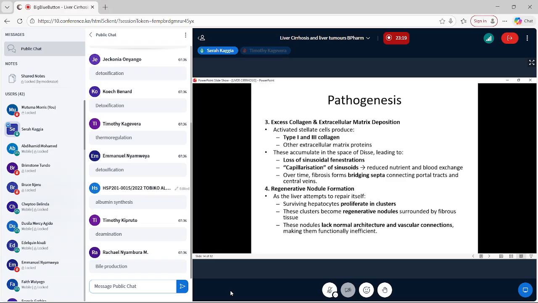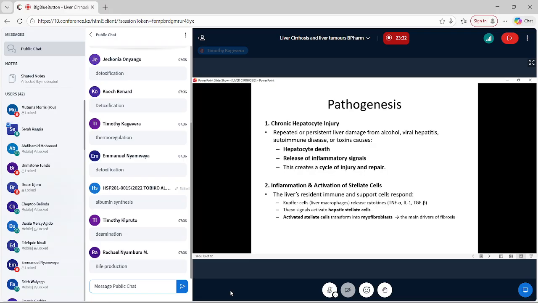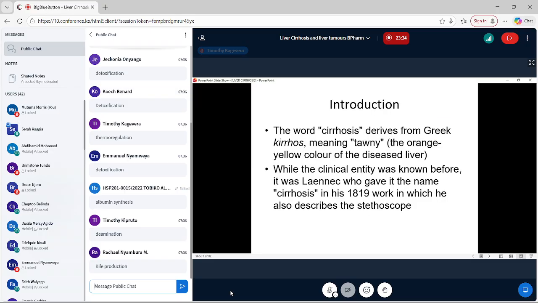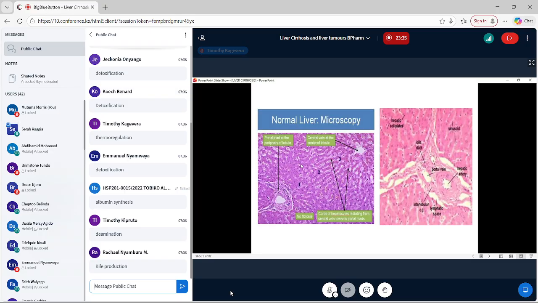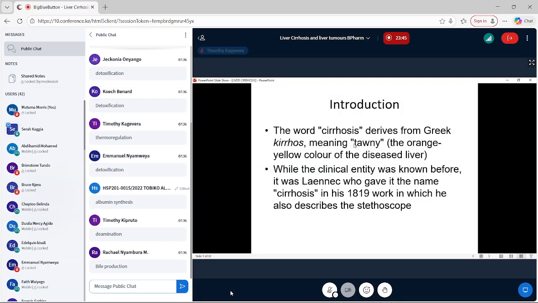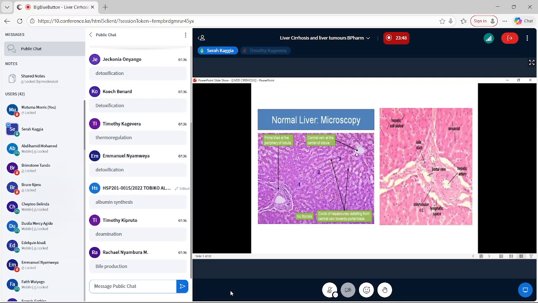fibrosis, this type 1, type 3 collagen which is laid down, causes what we call bridging septa. Bridging septa. And so it will end up connecting portal tracts with veins. Let me show you now here on the photo. Because it becomes fibrotic, you'll end up having a portal tract connecting with another tract, instead of this nice connection of portal tract with the central vein.